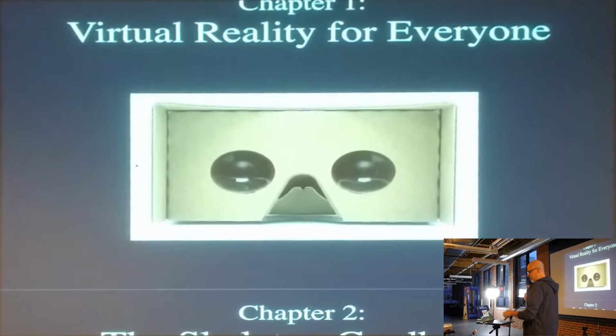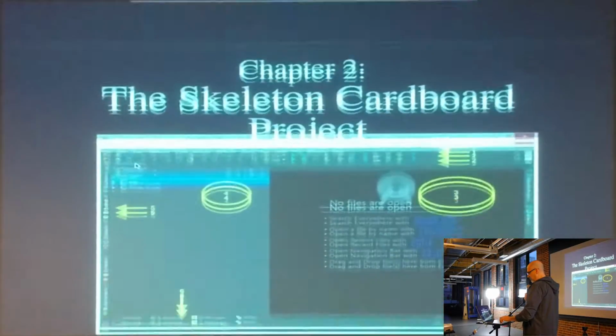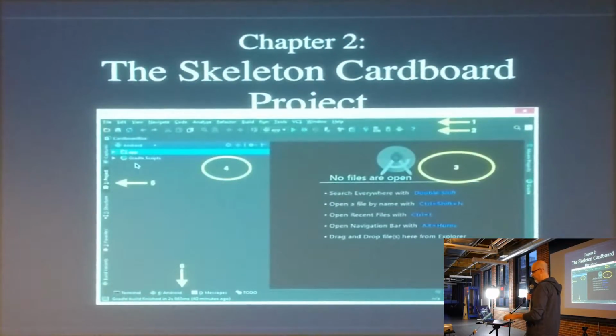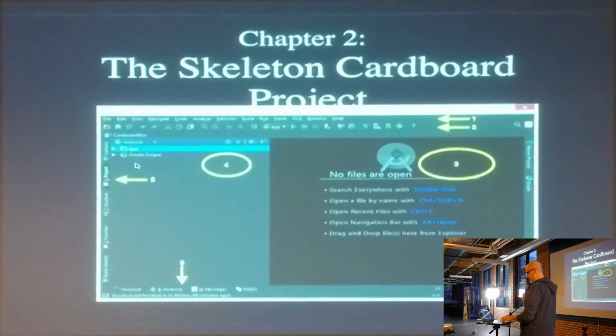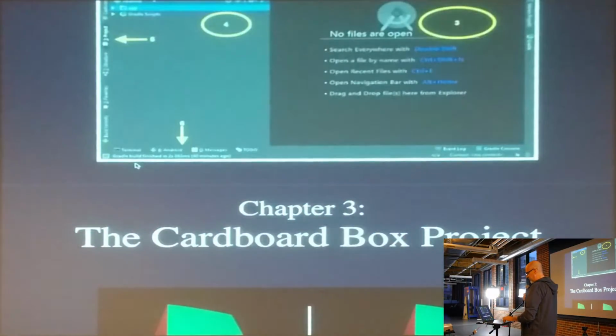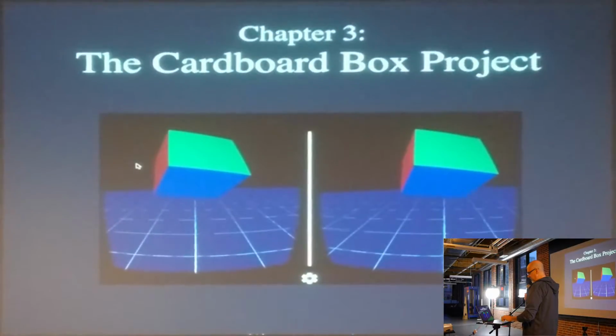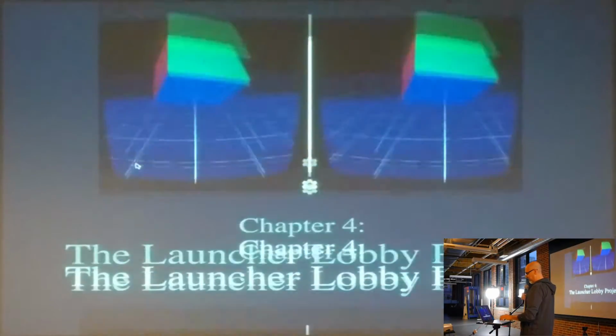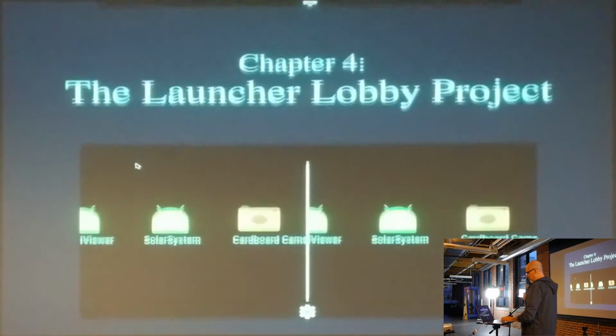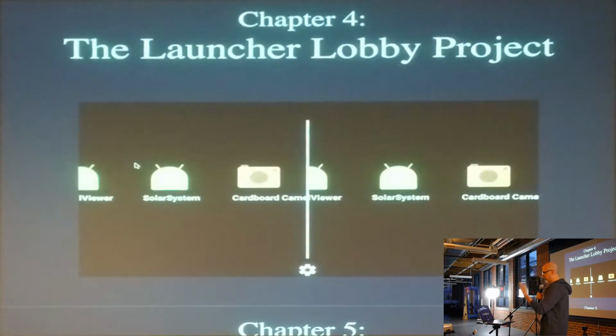So again, let me quickly walk through the kind of projects that are in the book. We talk about how to use Android Studio, an introduction to that, and using the Cardboard SDK. Then we build a basic project using OpenGL ES, and then we implement a little launcher project where you can bring up all your Cardboard apps on your phone, pick them and launch into them.